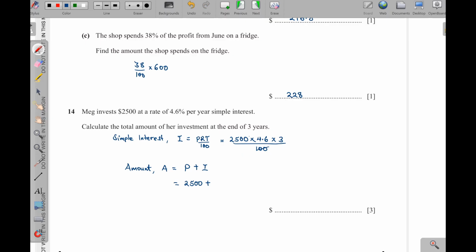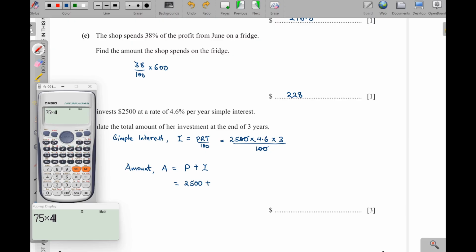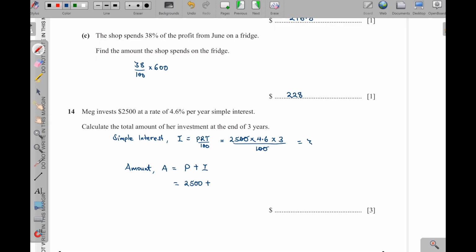The 100 will cancel with that, so we have 25 times 4.6 times 3. In other words, 25 times 3 is 75, then times 4.6. 75 times 4.6 is 345. We add it here. The 3 will add to the 5 here, so that will be 8. So we have 2, 8, then $2,845.